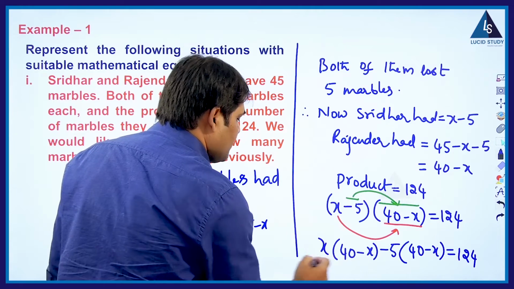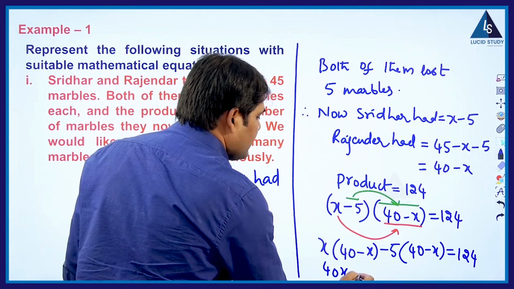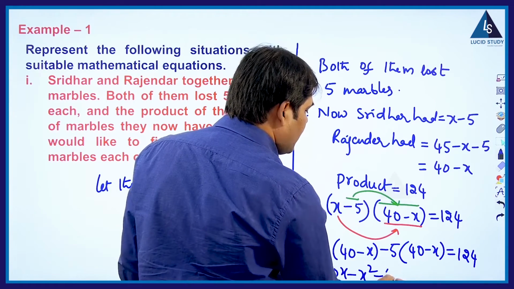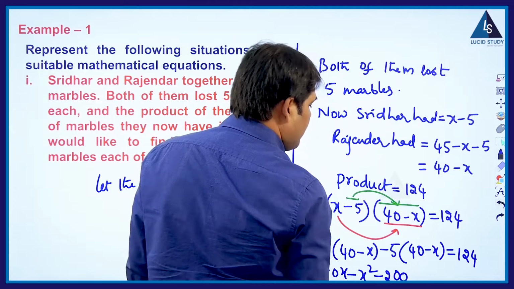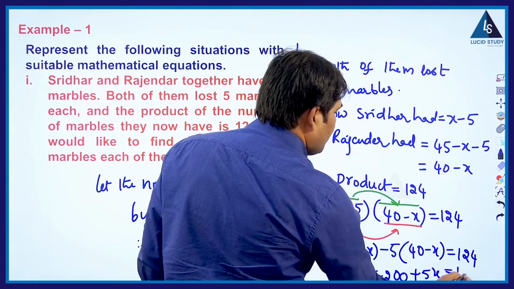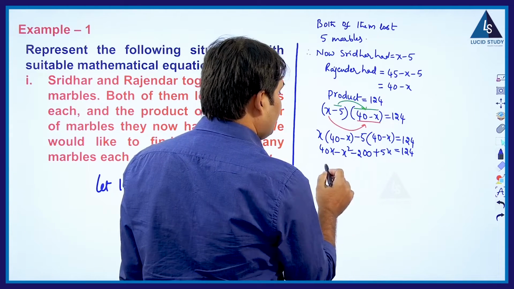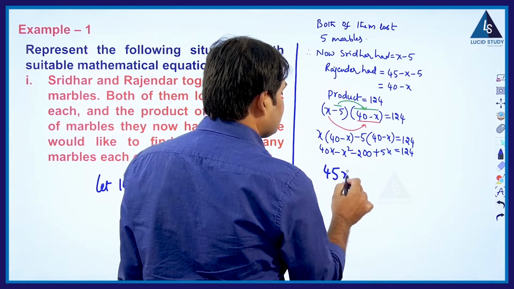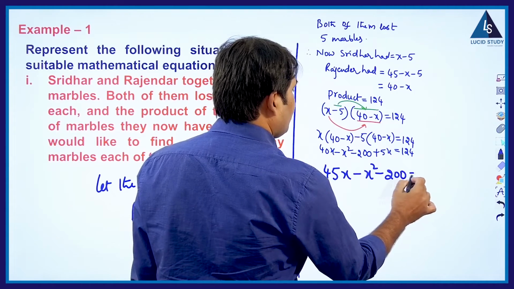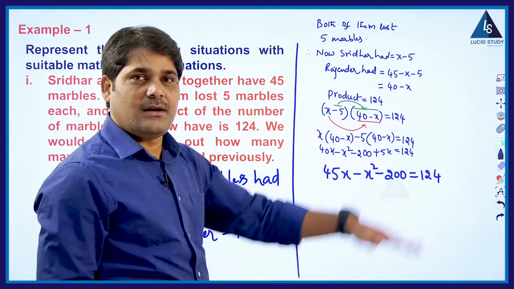Now multiply x into 40, that is 40x, minus x into x, that is x square. Again minus 5 into 40, minus 200, minus 5 into minus x, that is plus 5x, is equal to 124. Okay, now what I will do is 40x plus 5x, that is 45x, minus x square minus 200 is equal to 124. Now I will take all the terms to the right side.